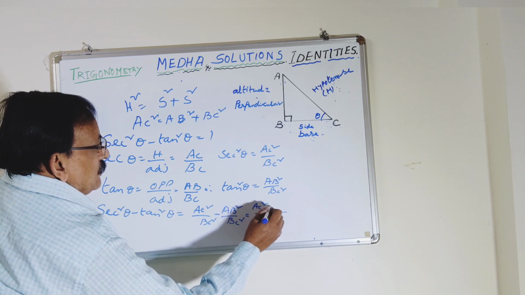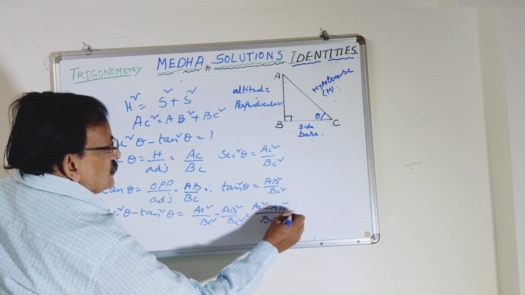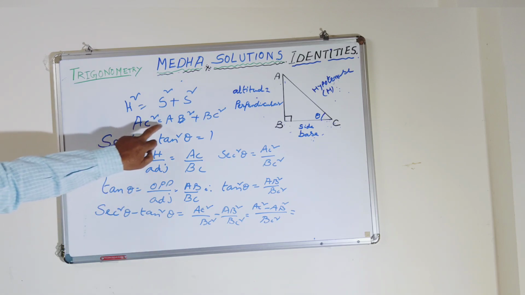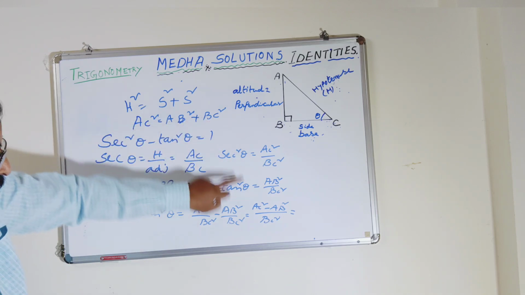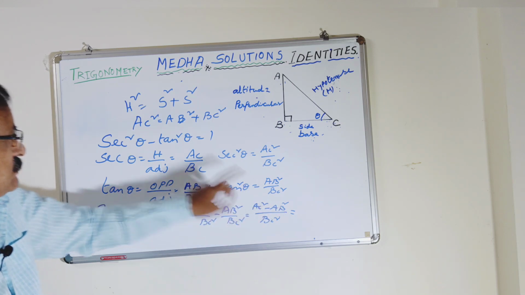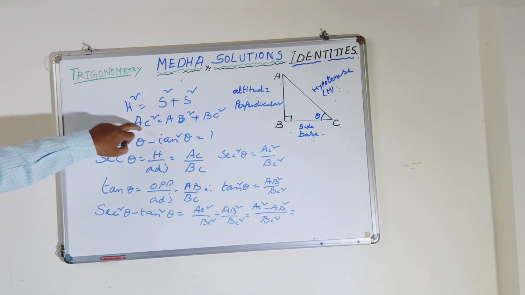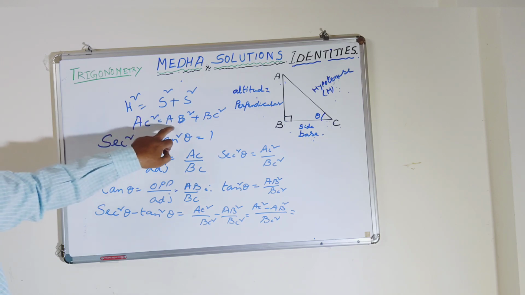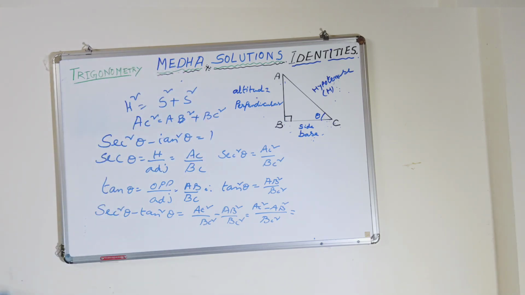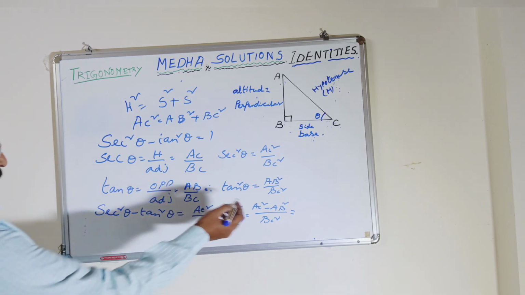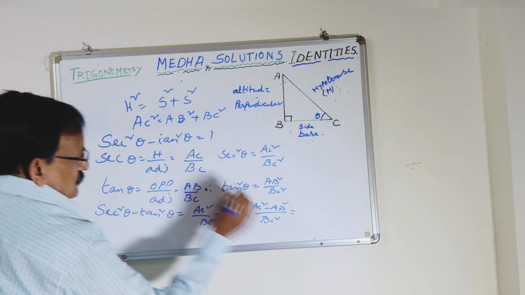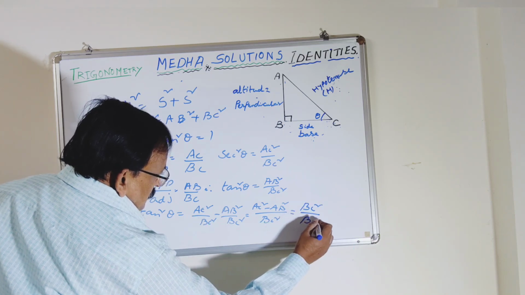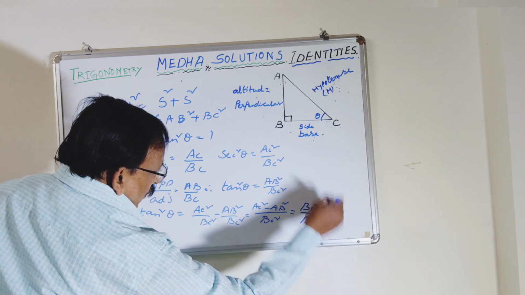AC square minus AB square. As per our Pythagoras theorem, AC square is equal to AB square plus BC square. Transposing AB square to this side, AC square minus AB square is equal to BC square. So we can write BC square by BC square, cancel, and we get 1.